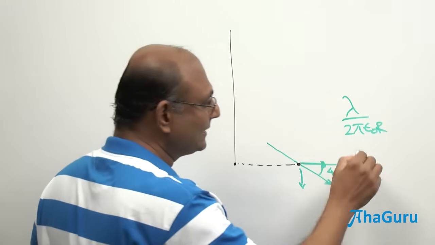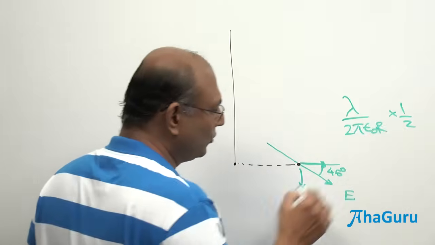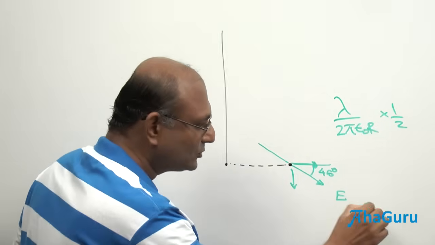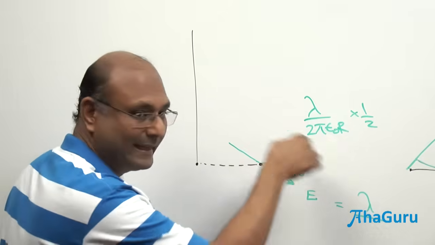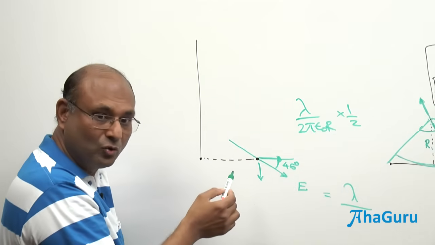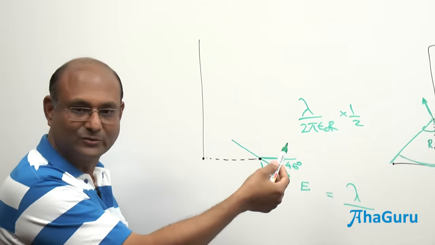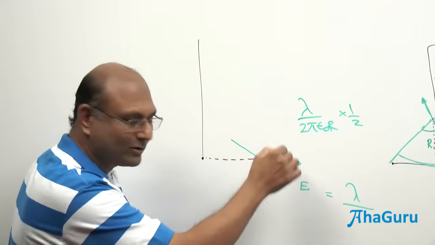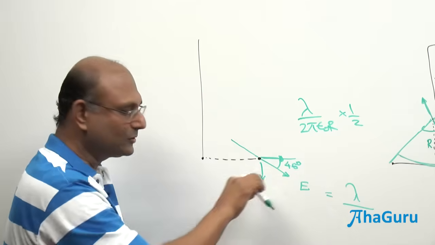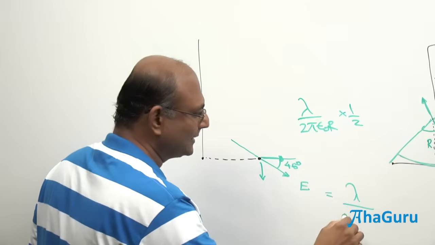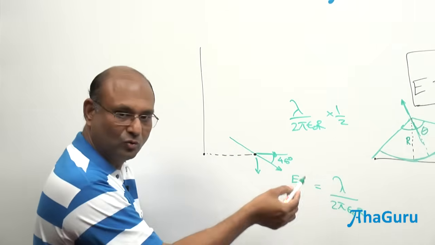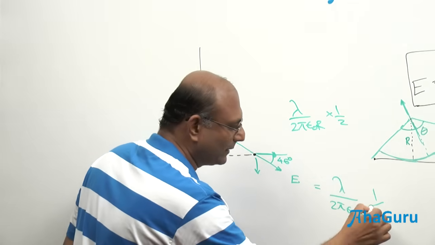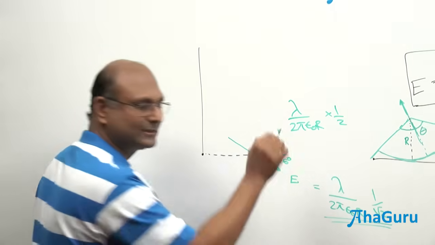And so, that means it will be this into 1 by 2, this into 1 by 2. And so, I expect the answer to be lambda by this guy, basically this thing, into root 2, because it's going to basically be this component and that component will be equal. And so that tells you that this field must be root 2 times. So 2 pi epsilon naught r, well, that is into 2, and then there is a root 2, so or 1 by root 2. You expect this to be the answer.